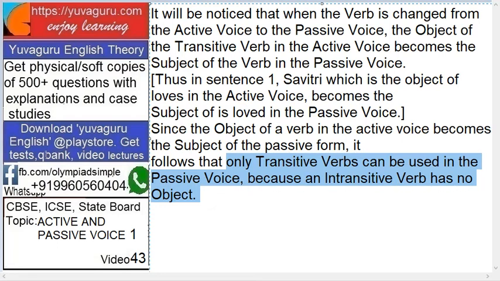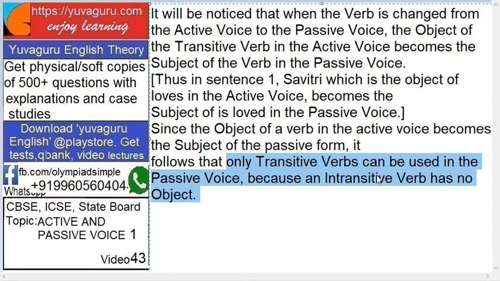Means what? So it means I kicked the ball. Kicking means what? Transitive. Transitive means transferring something from I to the ball. Right? Only these can be used in the passive voice. Means the ball was kicked by me. So only that can be used, kicked. Because an intransitive verb has no object.